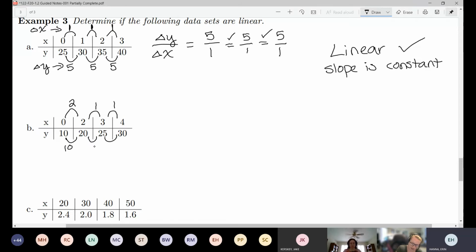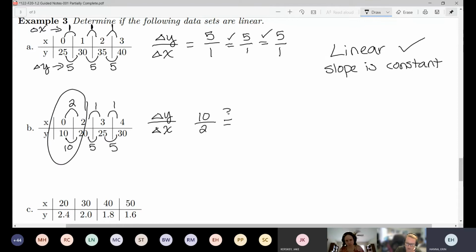This increases by 10, increases by 5, increases by 5. These last couple sets look like they're going to agree, but does it agree with the 10 and the 2? Again, we're looking at change in y over change in x. So in this first set, I'm going to have 10 over 2. Is that equal to 5 over 1? Well, yeah, they both reduce to 5.